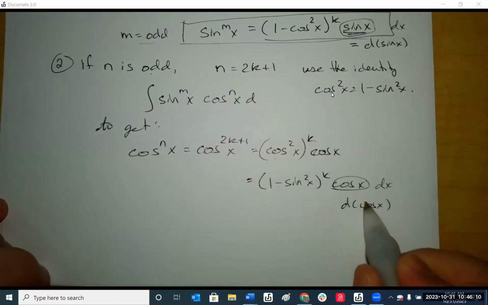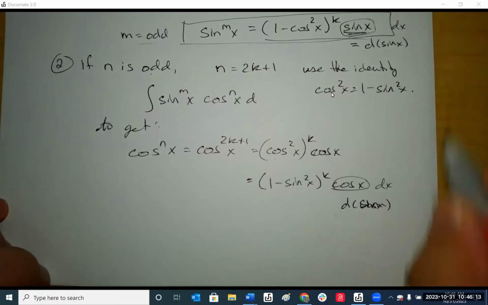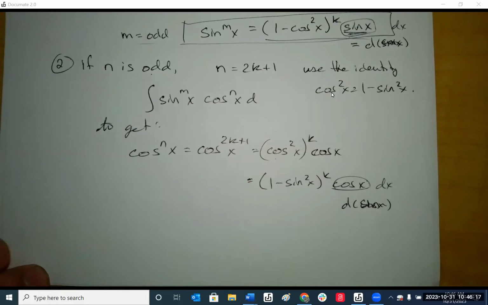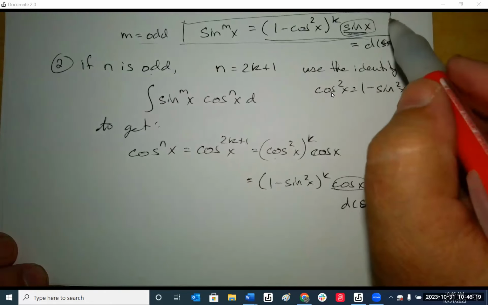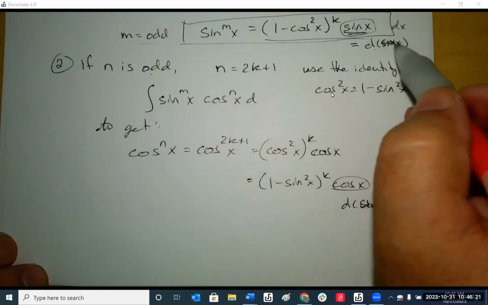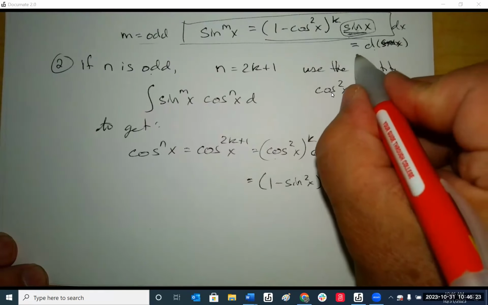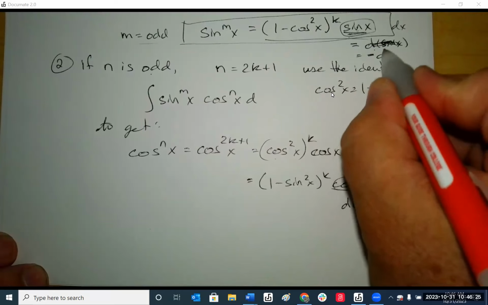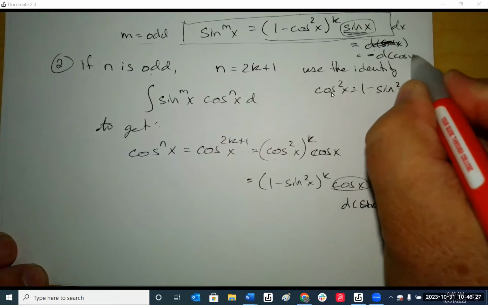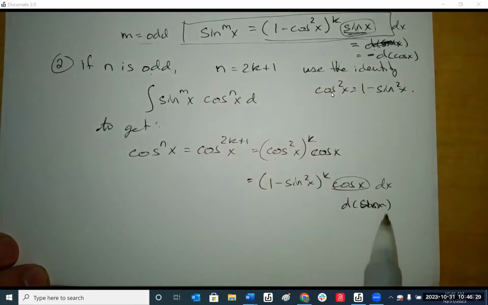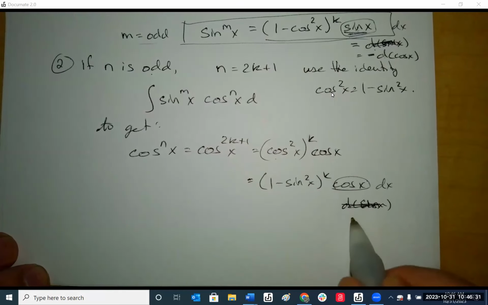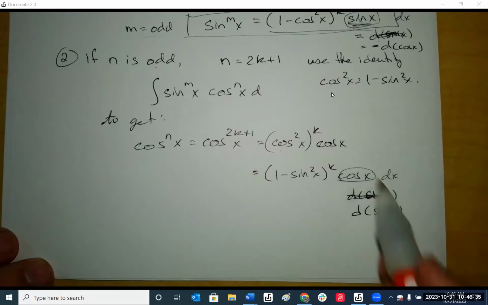No, d sine x, I'm sorry. This is cosine. Because this is the integral, the derivative of negative cosine is the sine. The derivative of sine is cosine, so the integral of cosine is sine, yeah.